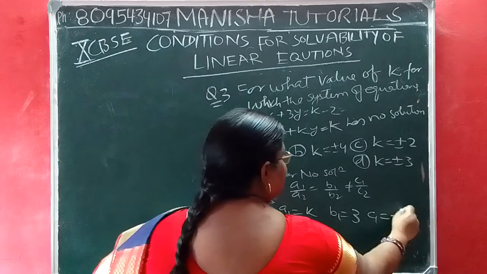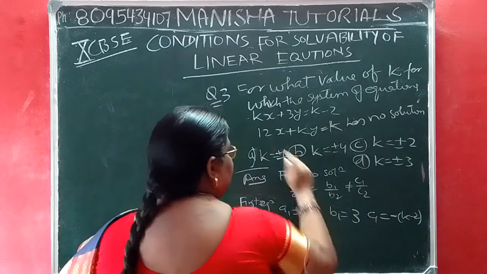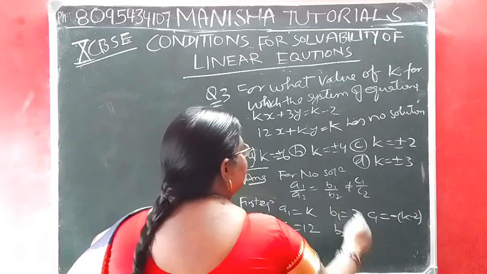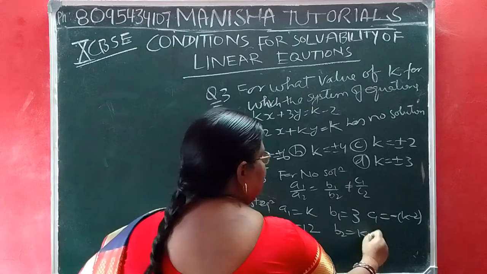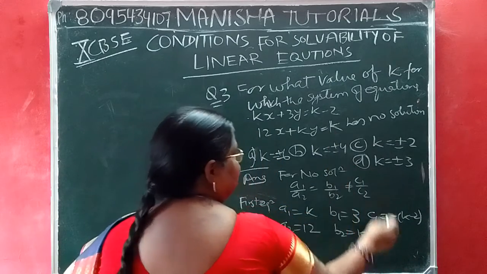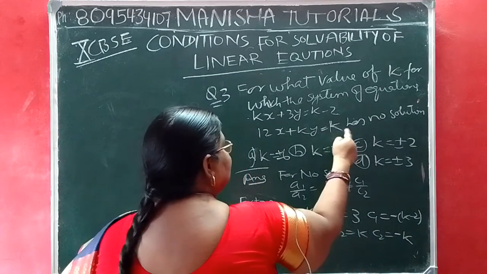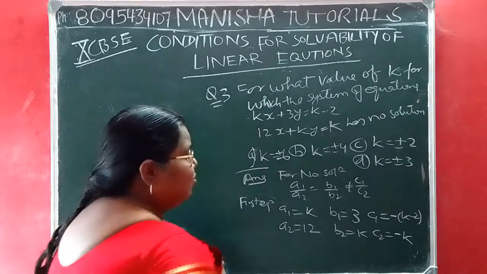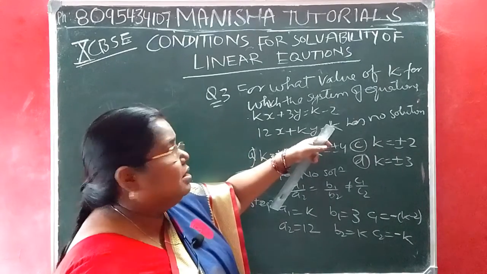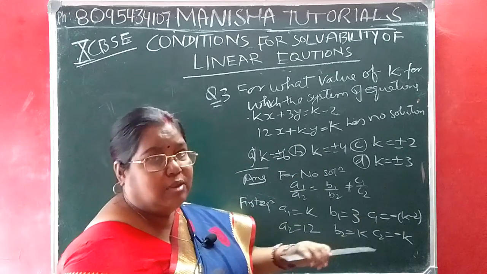Now a2 equals 12, b2 equals k, and c2 equals k also, so minus k comes to the left side, because we have to compare with a2x plus b2y minus c2 equals 0.